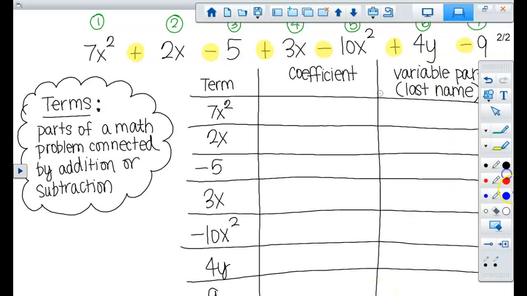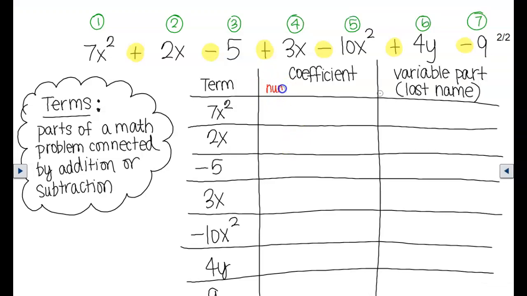Now, coefficient is a word that I imagine you've heard before, but I'm going to review it anyway to make sure you remember what it means. The coefficient is the number in front of the variable. That big number that sits in front of the variable. So when I look at 7x squared, the coefficient here would be the 7.